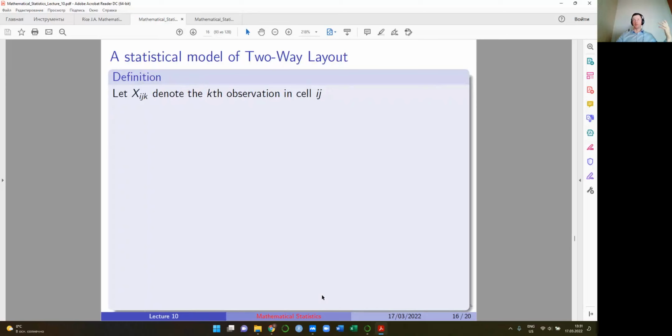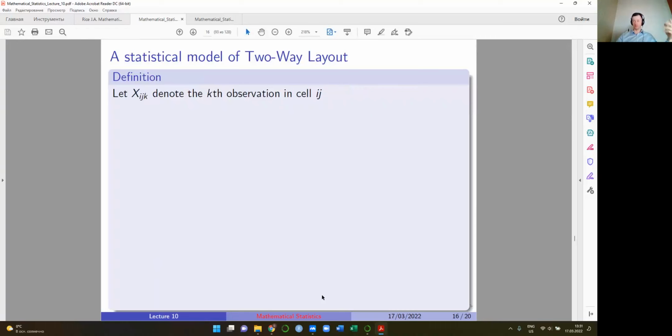As for the one-way layout, we need to formulate the statistical model for the two-way layout. It's going to be a bit sophisticated, and we are not going to do the manual computations.